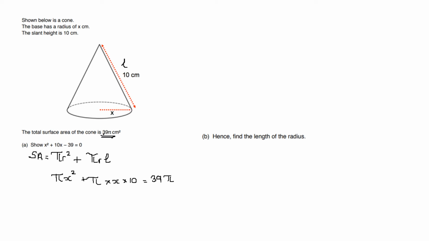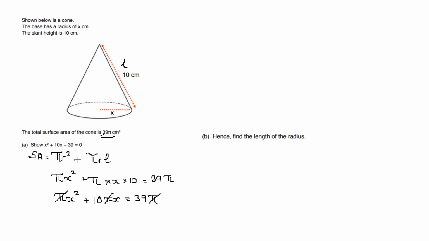So if we simplify that, we're going to get pi x squared plus 10 pi x is equal to 39 pi. Now we're going to divide through by pi because we've got a pi in every term on both sides of this equation. So let's get rid of pi.